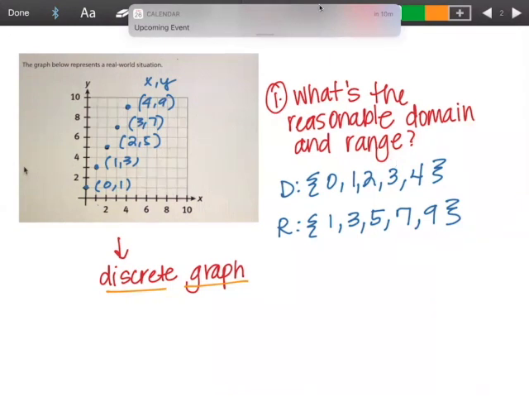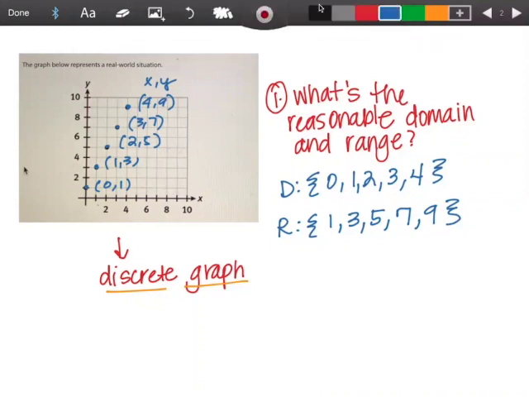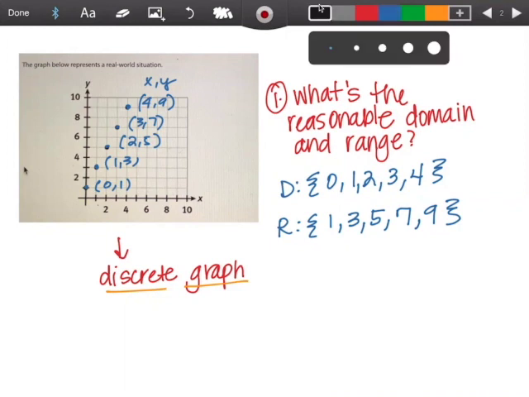Now, we also could move further and describe a real world situation that matches the graph. You could pretty much make this up for yourself, but one that I would come up with is this.